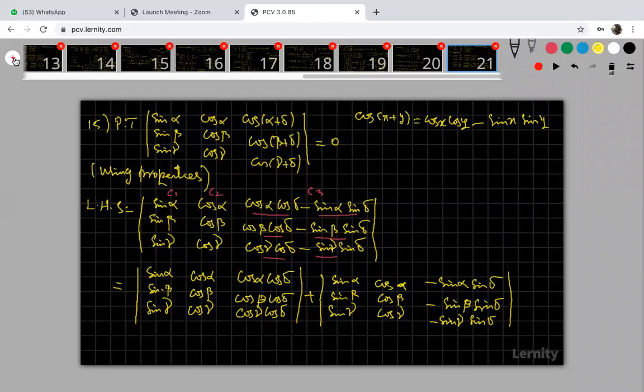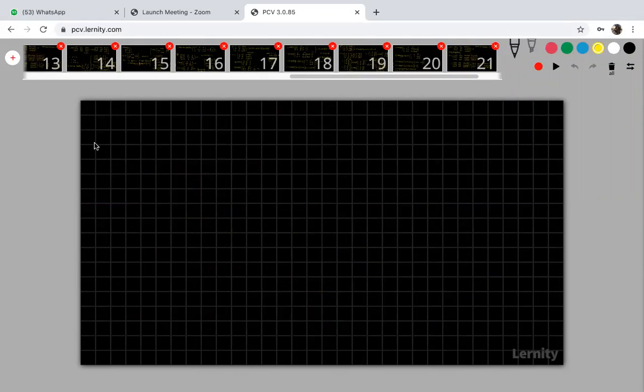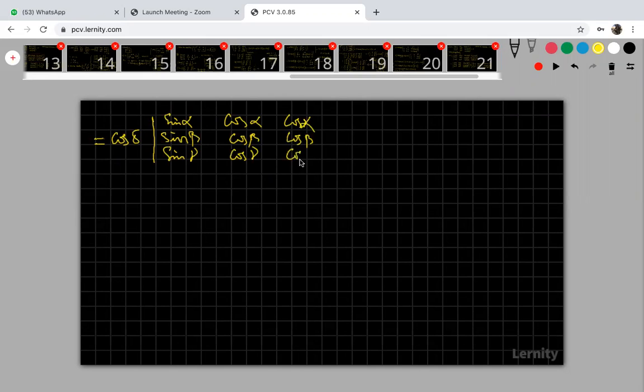Please note that in the first one, I am taking cos delta. My first column is sin alpha, sin beta, sin gamma. The second column is cos alpha, cos beta, cos gamma. The third column is also cos alpha, cos beta, cos gamma. In the second one, I am taking minus sin delta outside.